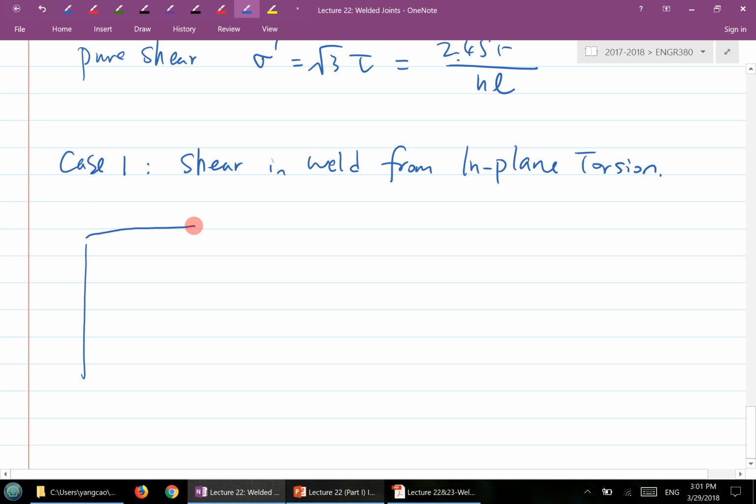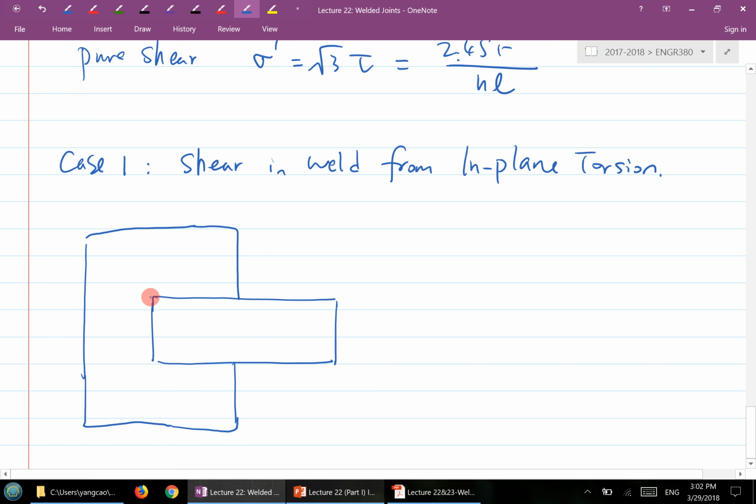So let's say I have a base metal member right here, and here's what we want to do. We want to weld another plate to the bottom plate here. So let's extend this a little bit. This is what I want to weld here.